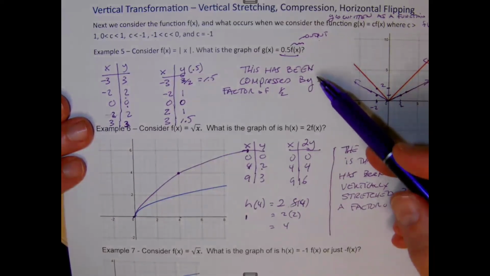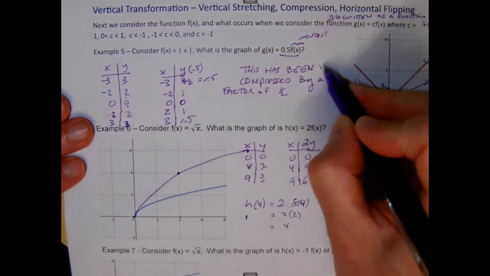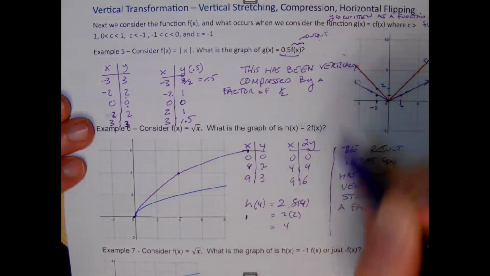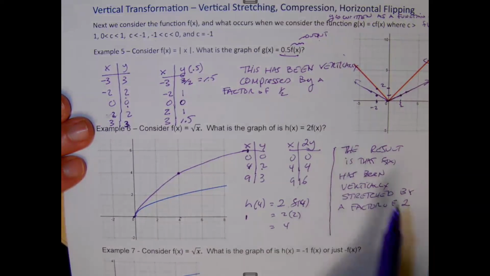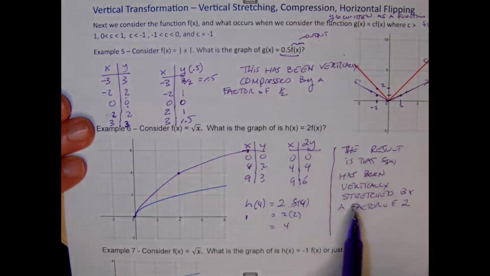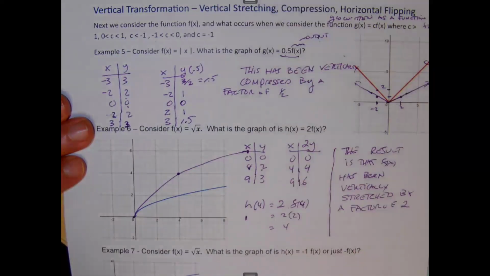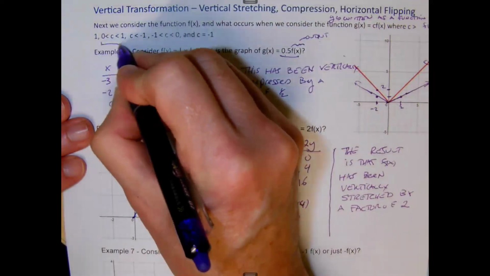So in the first one, this is being, again, vertically compressed by a factor of a half. But this one, when I multiply by 2, well, it gets vertically stretched by a factor of 2. So notice we start off with a value that was between 0 and 1.